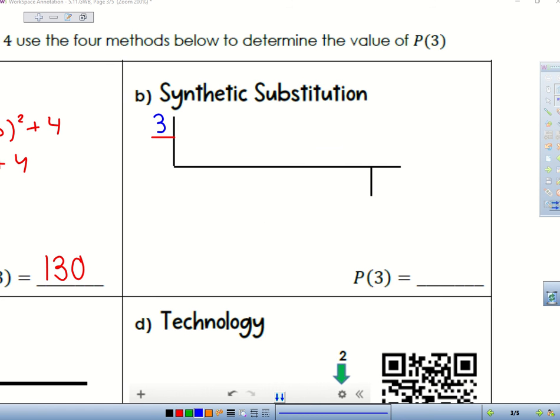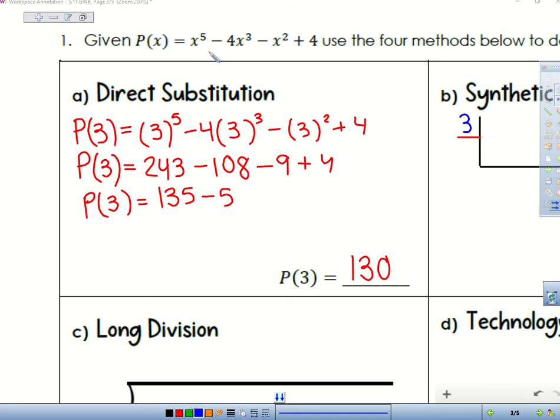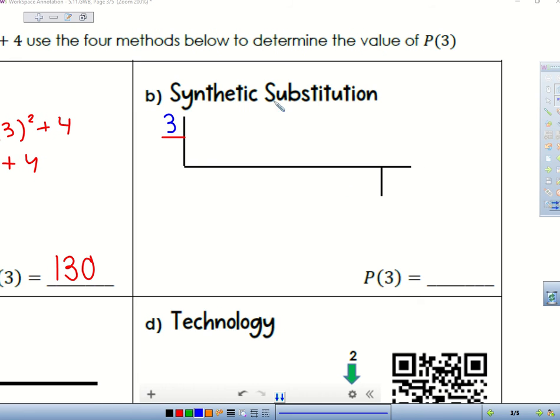If you notice in our polynomial, we're missing the 4th power and the regular x. So we have to put placeholders in for those. So it's going to be 1, 0, negative 4, negative 1, 0, and 4. Everyone understand how I got those? Those are the coefficients.